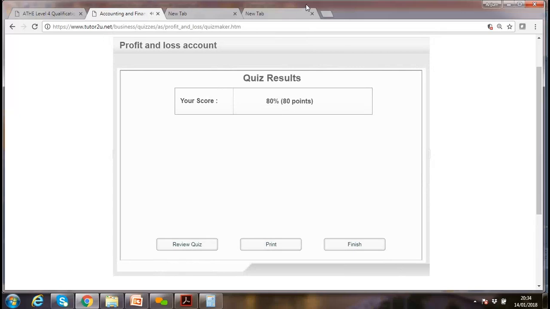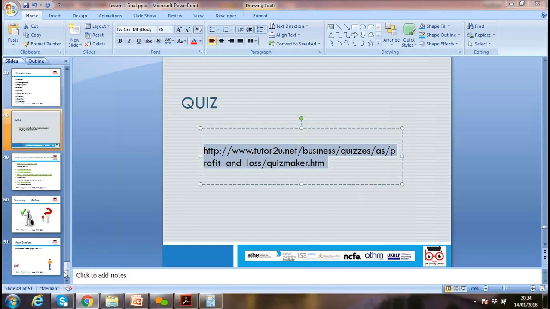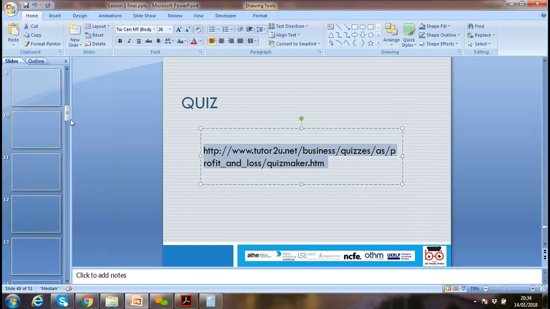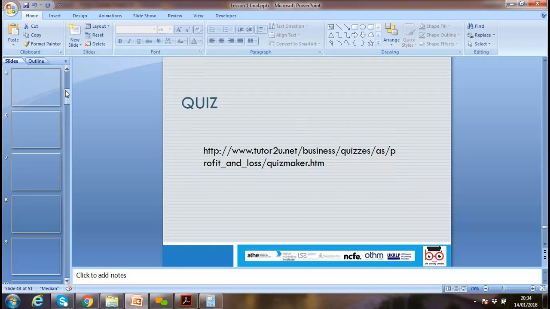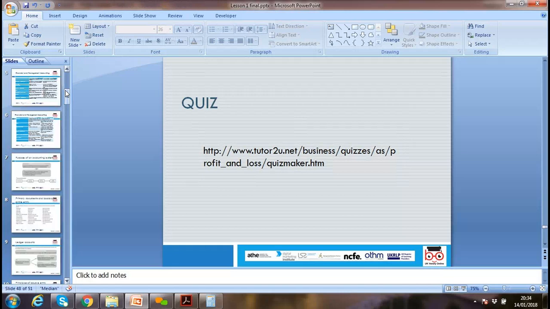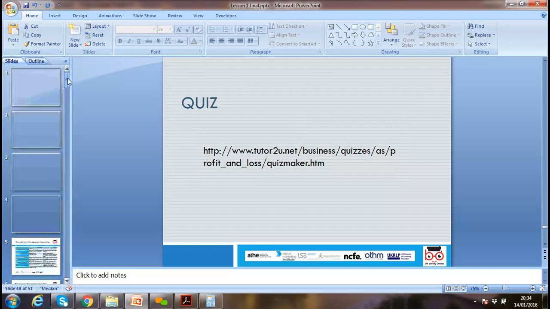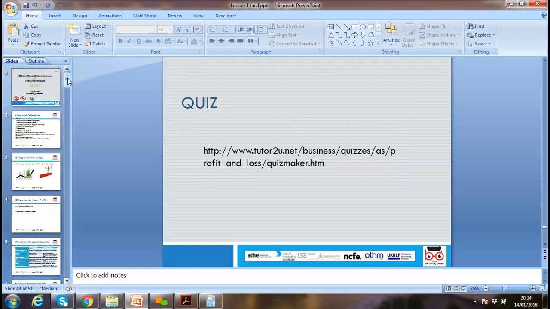Okay, any question? So what is the difference between data and information? Just a recap. Data is more like statistics and figures, numbers.